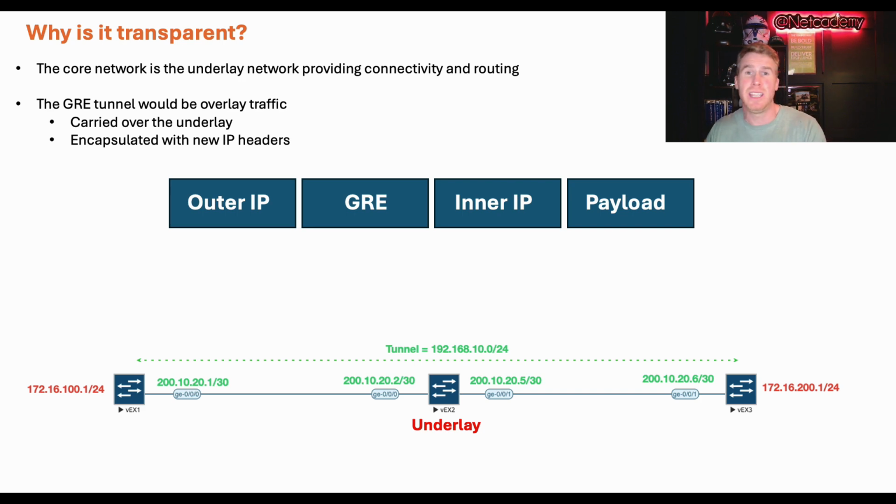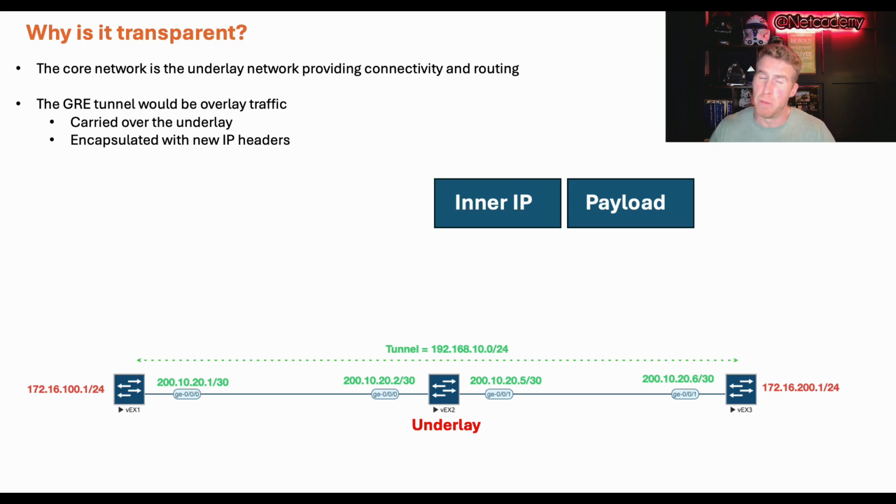And when it gets to the other end, so from VEX1, packet comes in, needs to go to VEX3, it encapsulates it with GRE and an outer IP header, and when it gets to VEX3, boom, VEX3 strips off that outer IP, the outer source, the outer destination IP address, takes away the GRE header, and then it's left with the original packet, the original inner source, the original inner destination IP address, and the payload, of course.